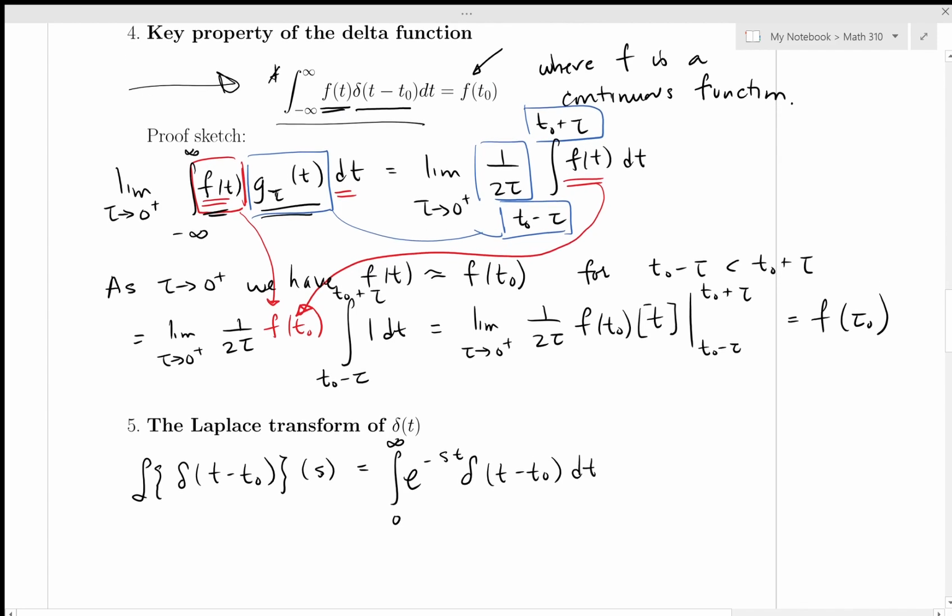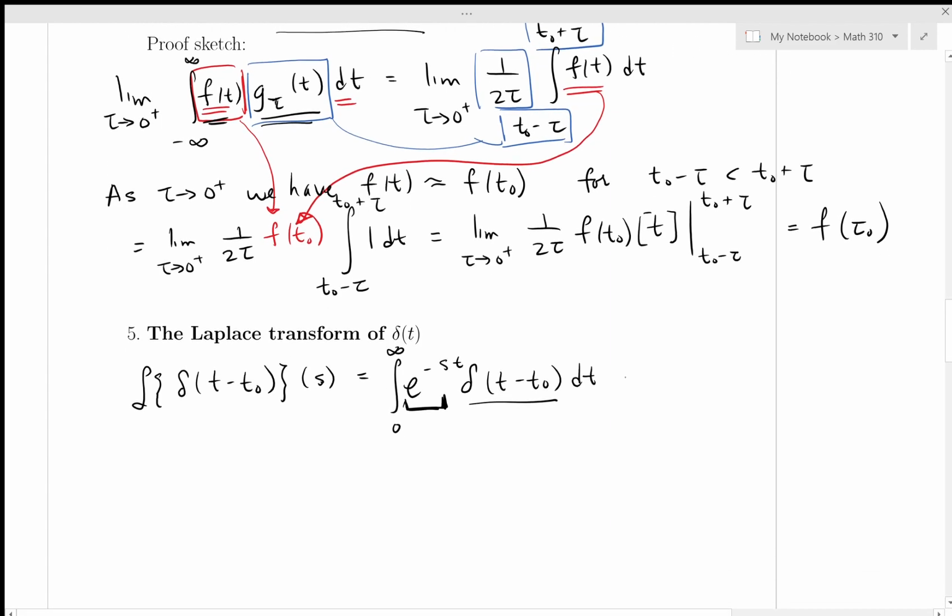We've got a situation where we've got the Dirac delta function, and then we've got some sort of f of t. In this case, f of t is very special because we're looking at the Laplace transform. It's e to the minus st. So using that integral from above, we can write this as e to the minus s t naught.